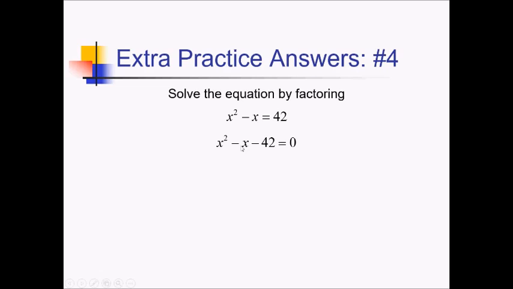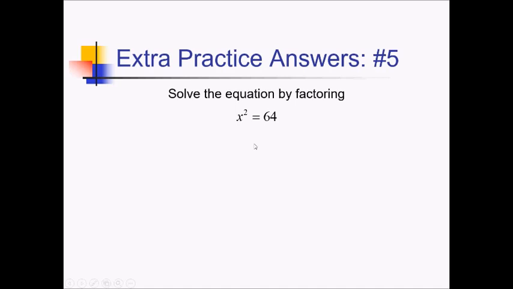So 2 and 21 also is a dead end. 3 and 14, not even close. 4 doesn't go into 42. 6 and 7. Well, if I had positive 6 and negative 7, that would add up to negative 1. So then I can write x plus 6, x minus 7 as my factors. And then setting each of these equal to 0 and solving, I see that x equals negative 6 for that first one, and positive 7 if I add 7 for that second parentheses.